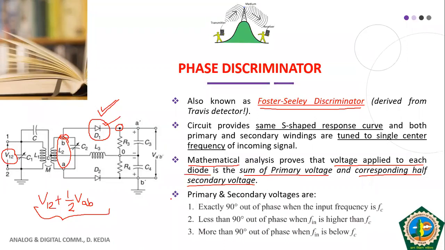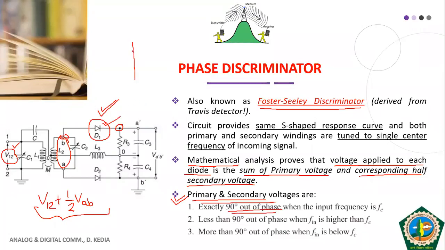Another thing that we have to prove in our mathematical analysis is that the primary and secondary voltages, I just told you our primary voltage is V12 and our secondary voltage is VAB, are exactly 90° out of phase.